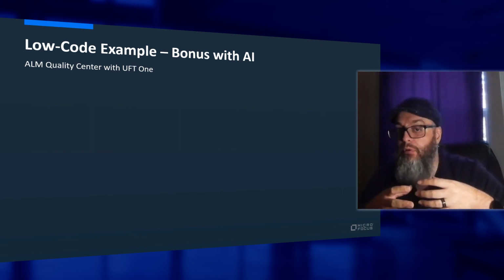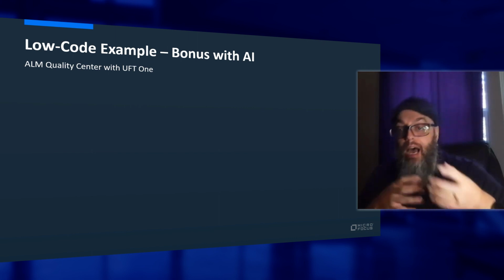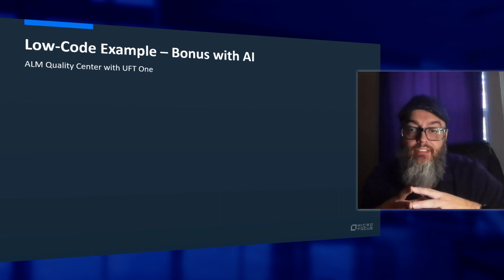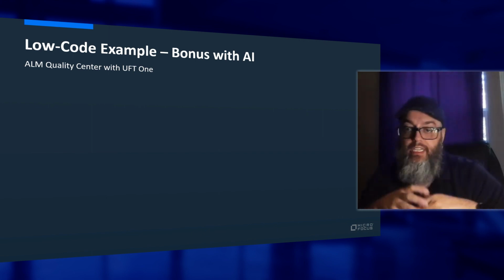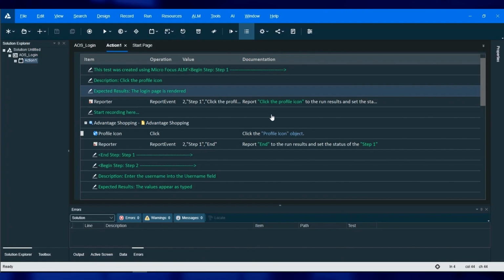Now, here's an example of how you could convert a properties-based low-code UI test automation script into an AI computer vision object recognition script. So now we're going to take this low-code implementation script that we created using UFT One and ALM Quality Center, and we're going to infuse AI objects into the script to make it even more resilient.